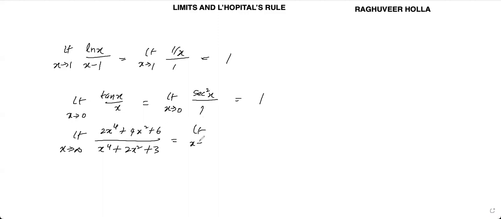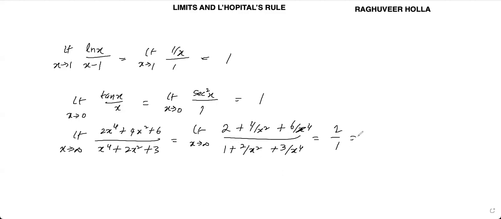So limit x tends to infinity, this becomes 2 plus 4 by x square plus 6 by x power 4, divided by 1 plus 2 by x square plus 3 by x power 4. When you substitute infinity, this is 2 by 1, which is equal to 2.